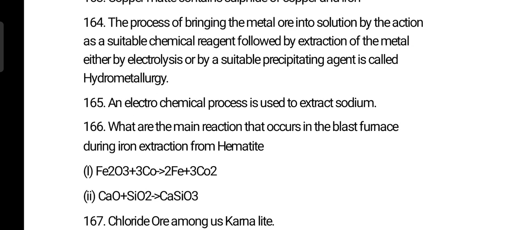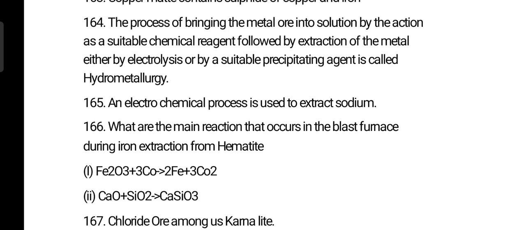The process of bringing the metal ore into solution by the action of a suitable chemical reagent, followed by extraction of the metal either by electrolysis or by a suitable precipitating agent, is called hydrometallurgy.